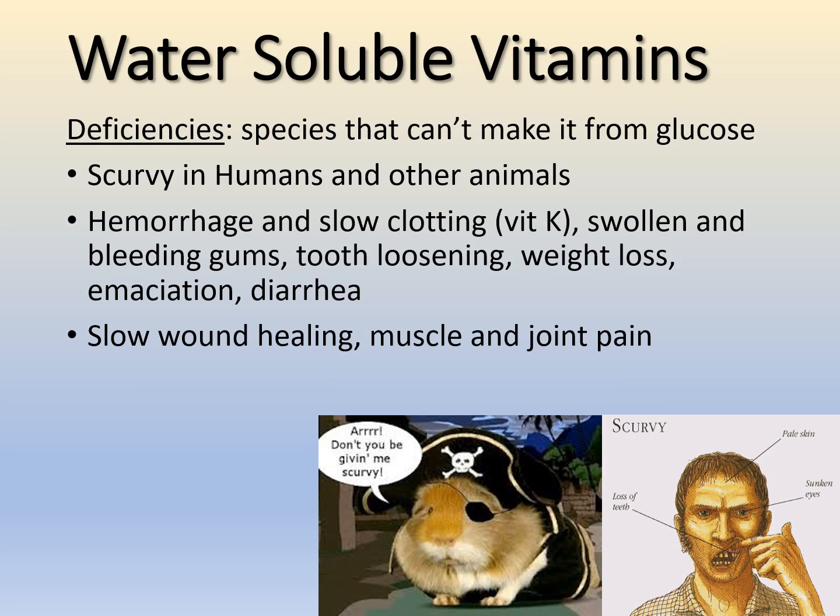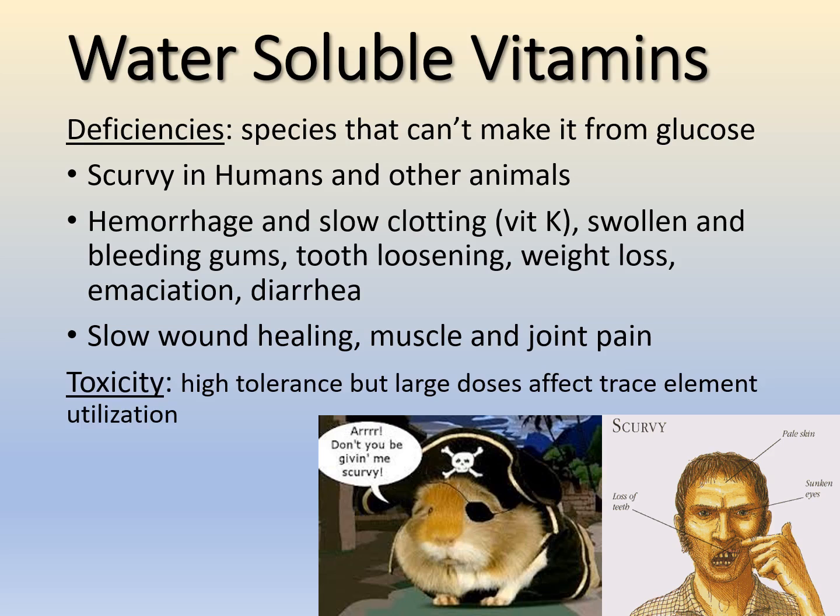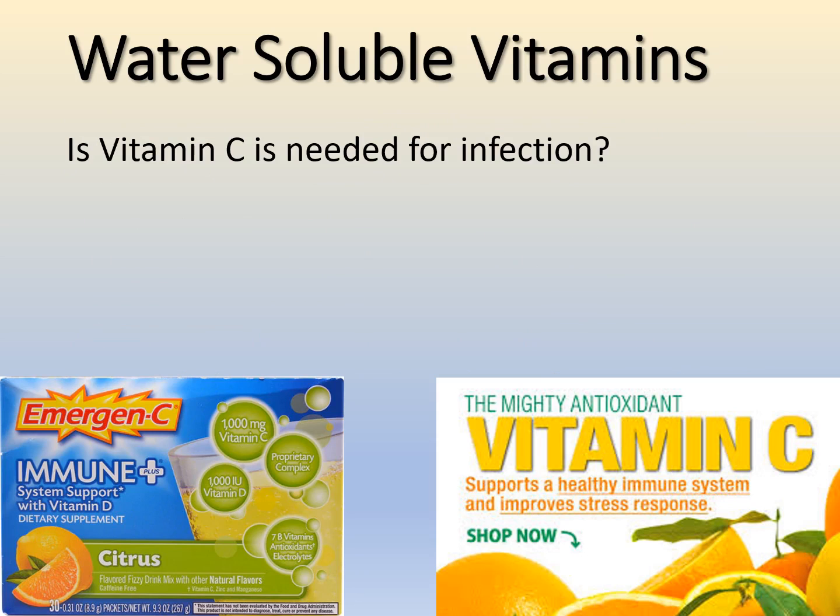But you also see some slow wound healing, muscle and joint pain as well. So lots of fun things that can happen with vitamin C deficiency. Toxicity is fairly rare because we have a high tolerance for vitamin C, but in very large doses it can affect some trace element utilization. So we'll talk about trace elements and minerals in the next lecture, so it can affect that a little bit as well.